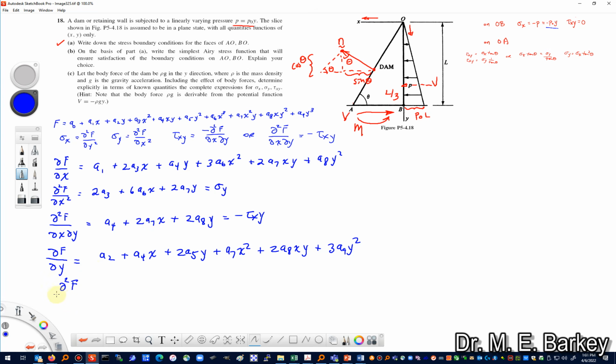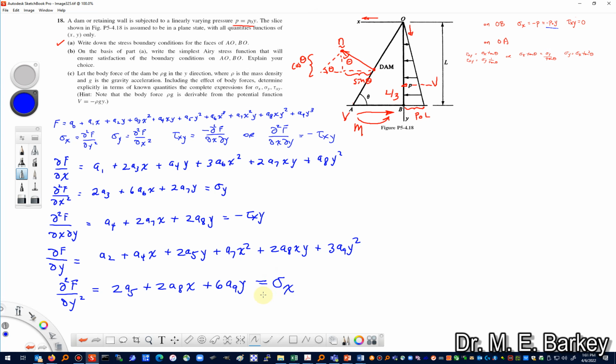Alright, so hopefully I did all that right. Let's take the second partial then with respect to y. I should end up with a 2a5, a 2a8x, and a 6a9y. Let me check my notes, and I think that appears okay. So all of that would be equal to sigma x.